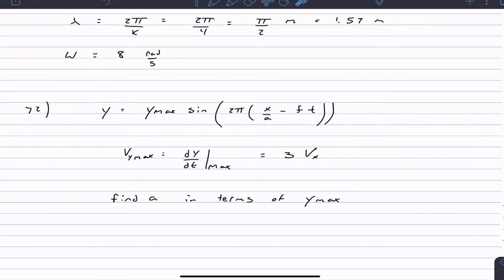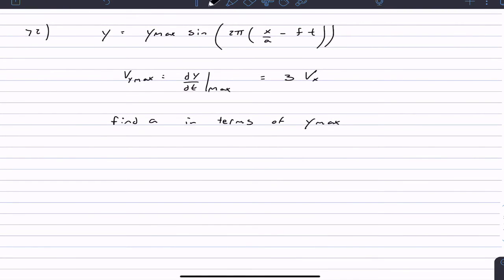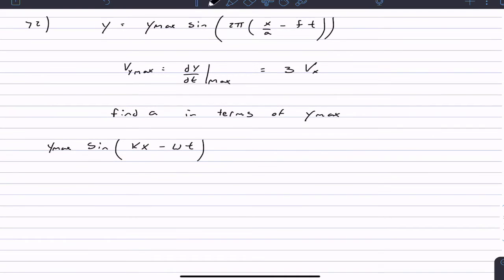This is a constant. This f is the frequency, we're told. And so let's remember what we're actually looking at here. We can do some simplifying if we multiply 2 pi through, and then we can find what relationships we're looking at. For a normal wave function, we have k times x minus omega t, right? So let's take what's in this sine argument and set it equal here.